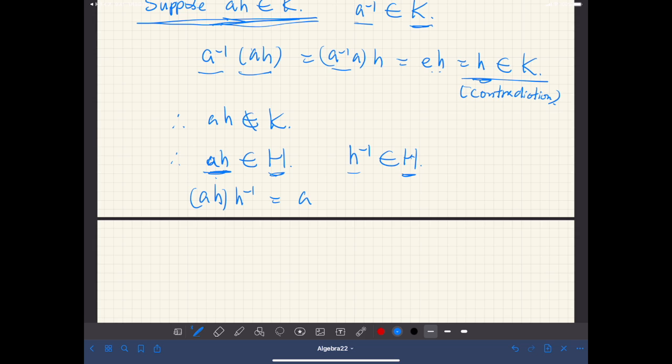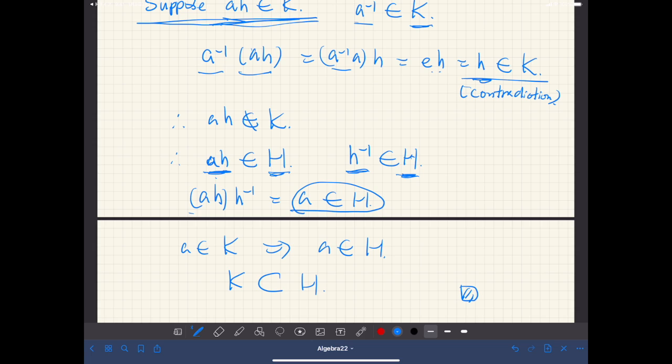And since this is an element of H and this is an element of H, their product is an element of H. Therefore a is an element of H. So after all, if we assume a belongs to K, then a is an element of H, which means K is a subset of H. And we are done.